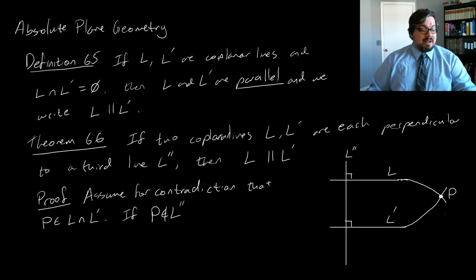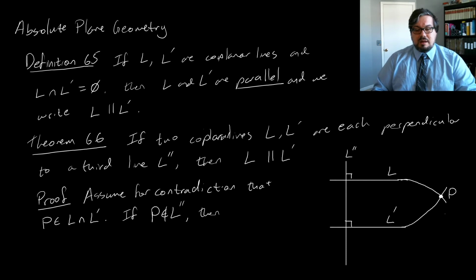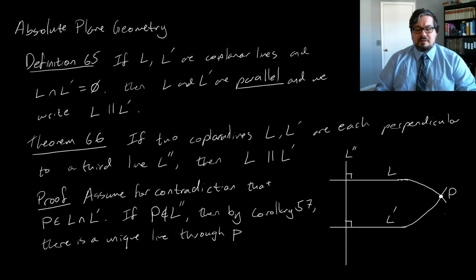But we've actually already shown that this can't happen. Let's see, it was Theorem 59. No, I'm sorry. Corollary 57. Then by Corollary 57, there is a unique line through P and perpendicular to L double prime, which is a contradiction.